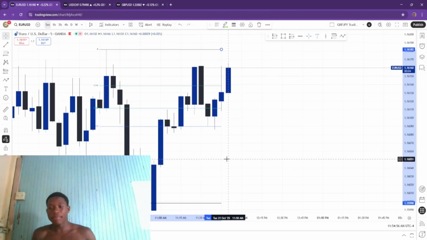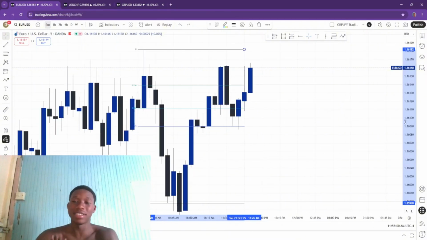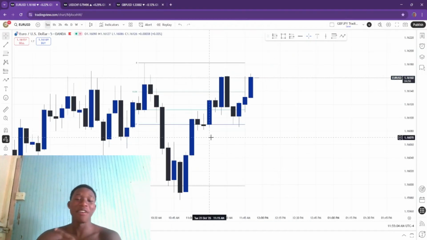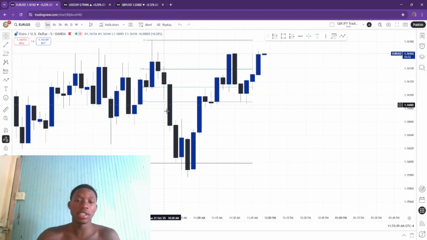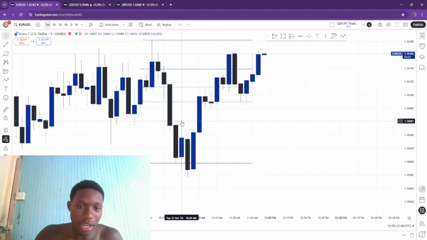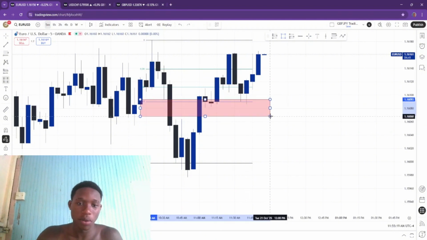All right, ladies and gentlemen, today is kind of like yesterday. Probably the same thing that happened yesterday happened today. First of all, Euro USD, that's the trade we wanted to take, but we saw that candle break into that FVG zone and touch that FVG, basically invalidating the whole trade.